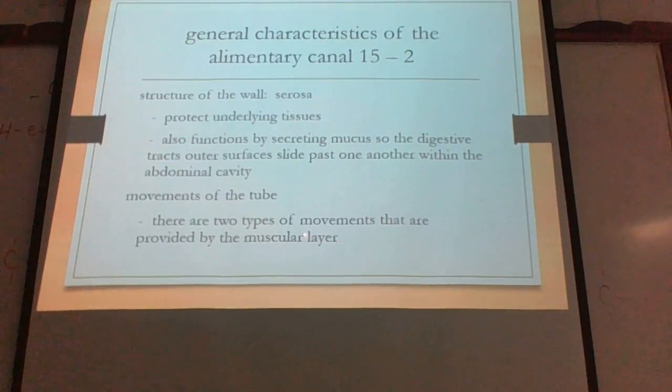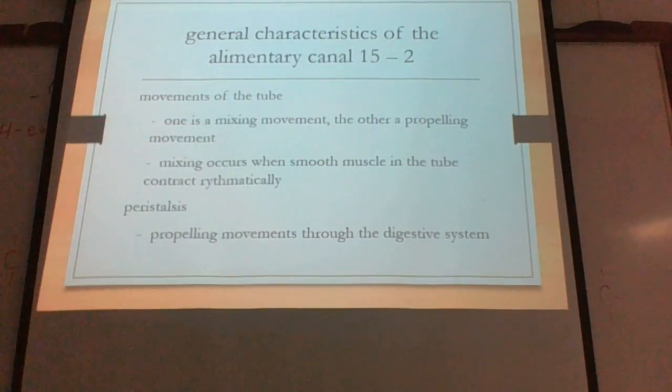Again, two types of movements: circular and longitudinal. So just picture a cement truck rolling down the highway after leaving the plant. Besides the movement of the truck, what else do we notice about the cement truck?